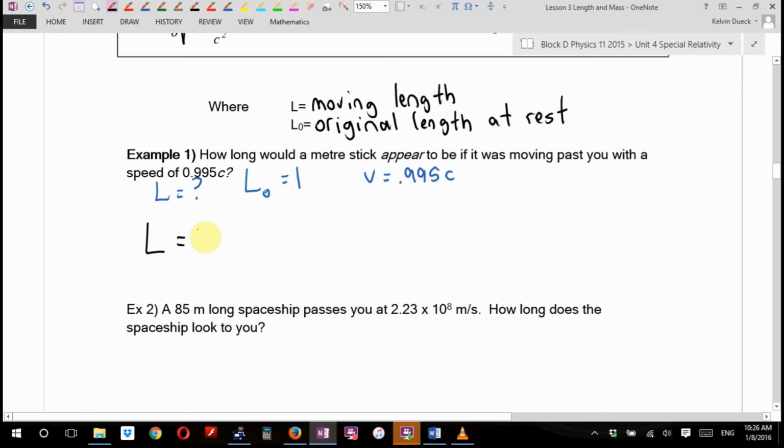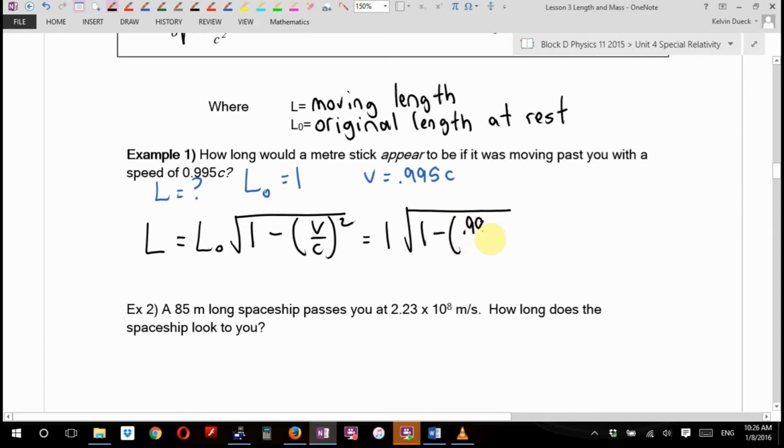So we have this. L equals L0 times the square root of 1 minus v over c, all squared. 1 times the square root of 1 minus 0.995 c over c, all squared.